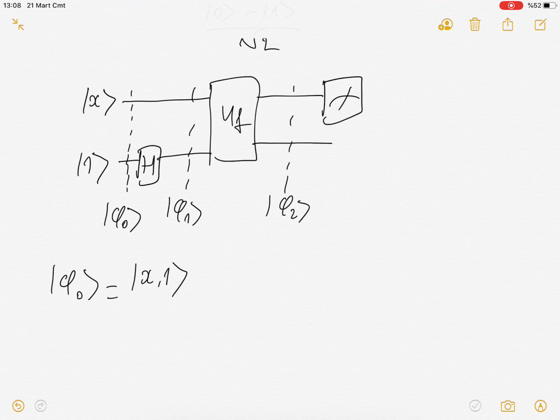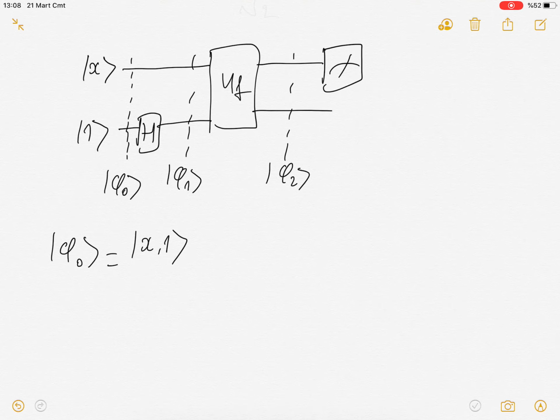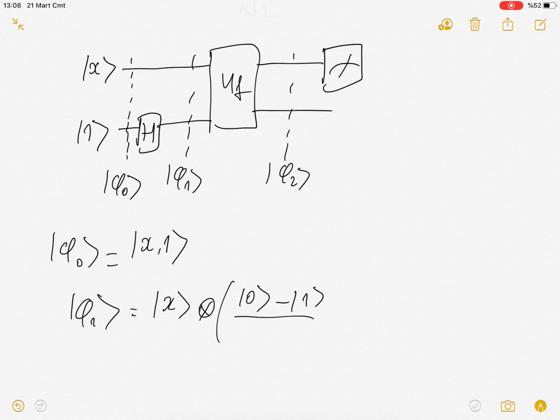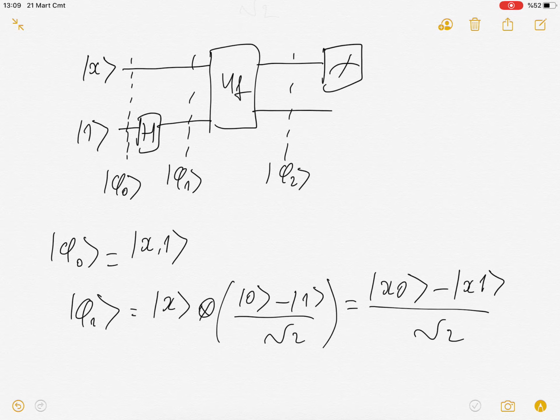Phi 1 will be the first qubit unchanged, it remains the same, tensor the second qubit in the minus superposition state, (|0⟩ - |1⟩)/√2. If we distribute this, we get (|x0⟩ - |x1⟩)/√2.